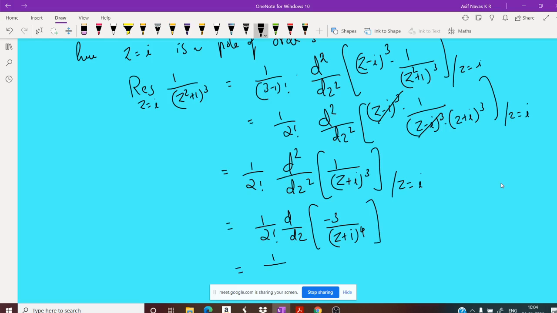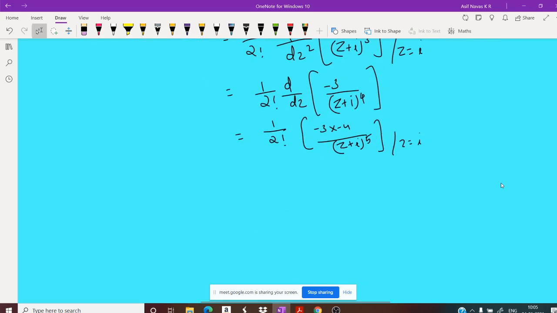If you differentiate once again, you will get minus 3 into minus 4 divided by (z plus i) all raised to 5, at z equal to i. Now this is equal to 6 divided by, if you put z equal to i, (2i) all raised to 5.